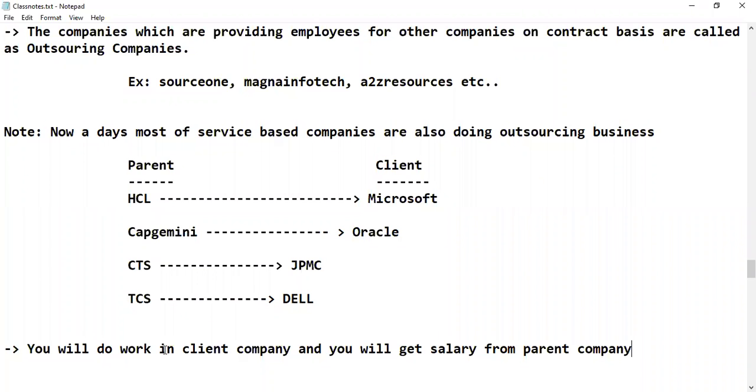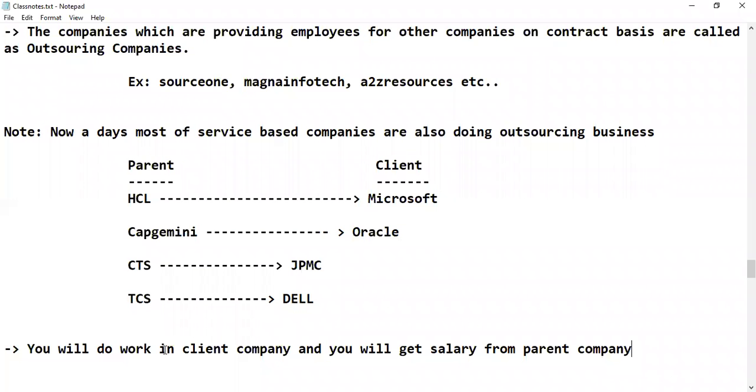You will go to the Microsoft office and develop the project there. But who will give the salary? HCL will give the salary. You are an HCL employee, but you are working in Microsoft. That is the contract between HCL and Microsoft.